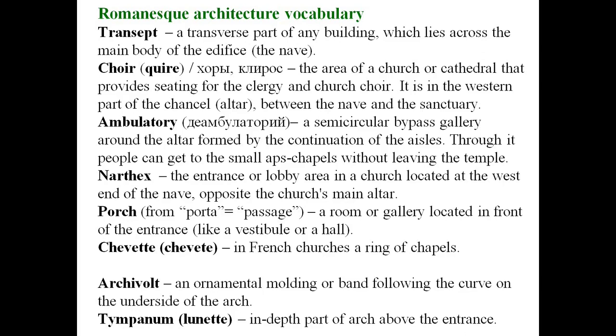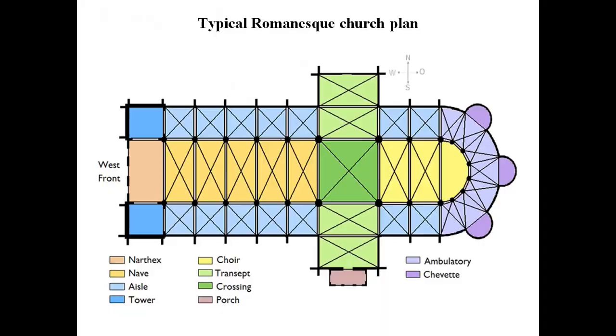We can see also the choir. Choir is an area of the church or cathedral that provides seating for the clergy and also the church choir. It is the western part of the altar between the nave and the sanctuary. Here it is in the slide.